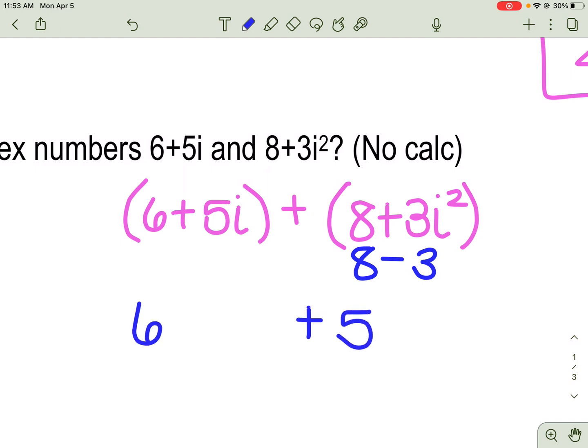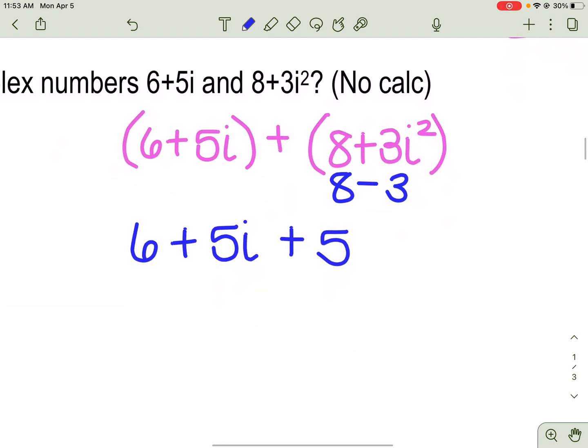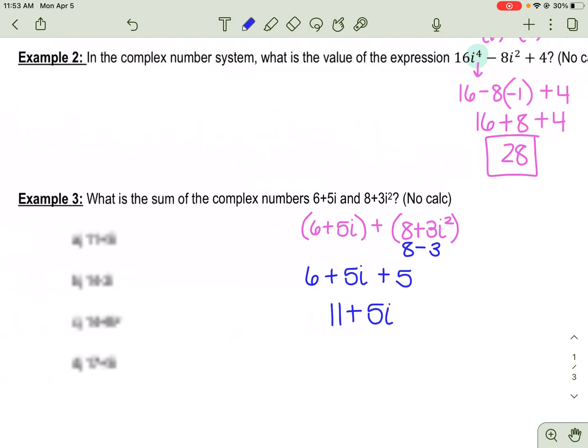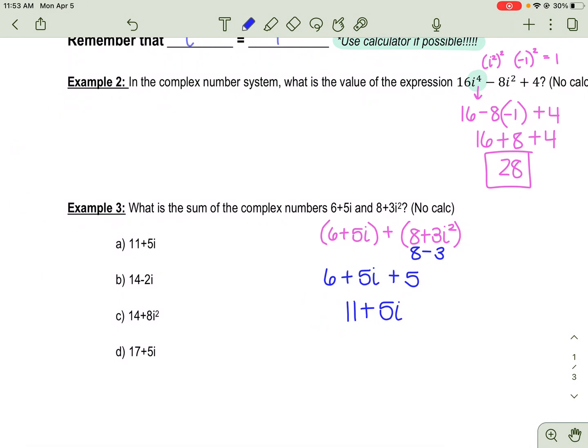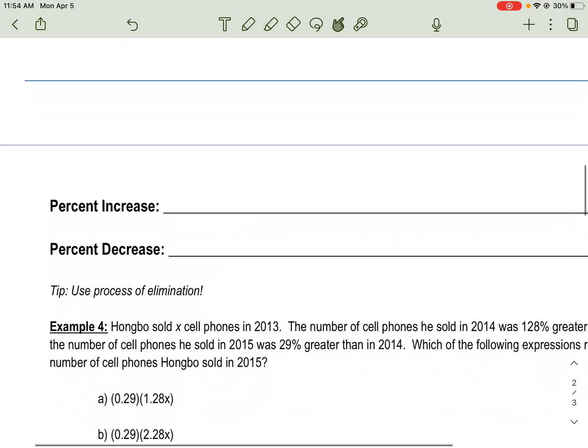Okay, so we've got 6 plus 5i plus 5, and then I just combine my like terms. 6 plus 5 is 11, plus 5i, which is option A. Okay, so again, really important to remember that i squared is equal to -1. That will help you evaluate any complex number with any exponent.